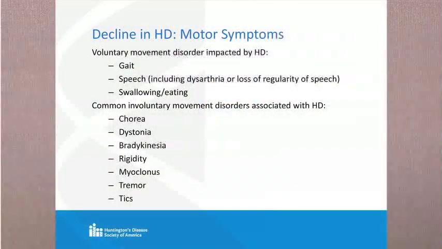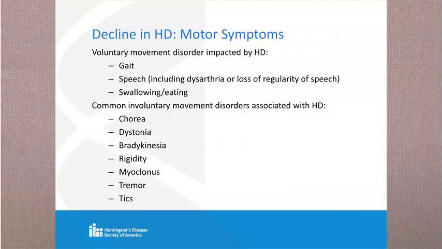A decline in Huntington's disease in terms of the motor symptoms: these are some of the symptoms to pay attention to and document. They're all clearly related to Huntington's disease, and they don't have to be specific to the Unified Huntington's Disease Rating Scale. They can be assessed outside of that in addition.